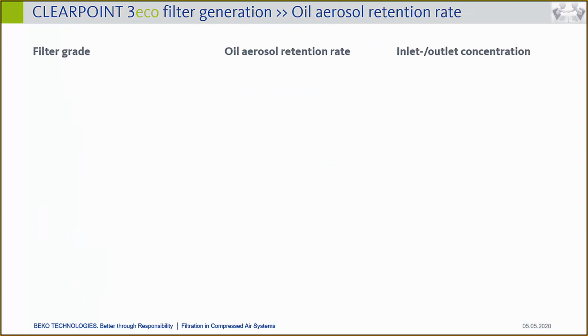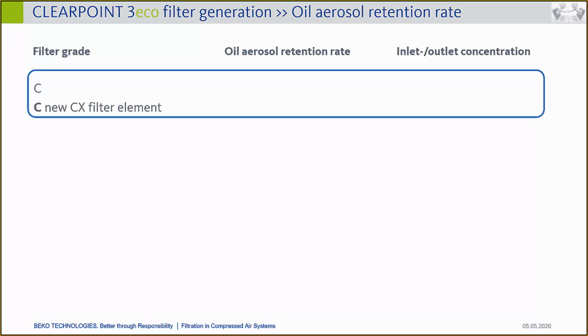For this, we compare the old and new filter elements, and we will start with the C and the CX filter element. So this value has been evaluated by an external laboratory, which put a certain amount of oil aerosols on the inlet of the filter and measured the outlet concentration after the filter element.